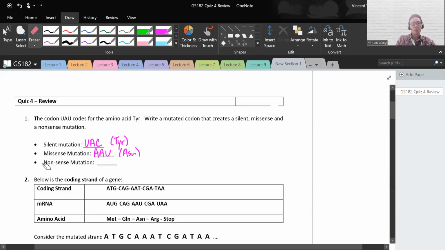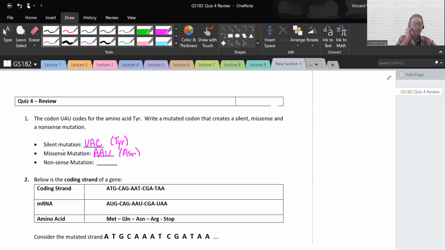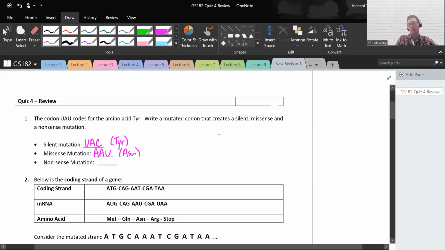And finally, we want to create a nonsense mutation. A nonsense mutation is a mutation where the mutated codon is going to be a stop codon. It's going to cause your translation process to stop prematurely, creating a shortened protein, or as it's called, a truncated protein. There are three stop codons, which you should know by now: UGA, UAA, and UAG, right?